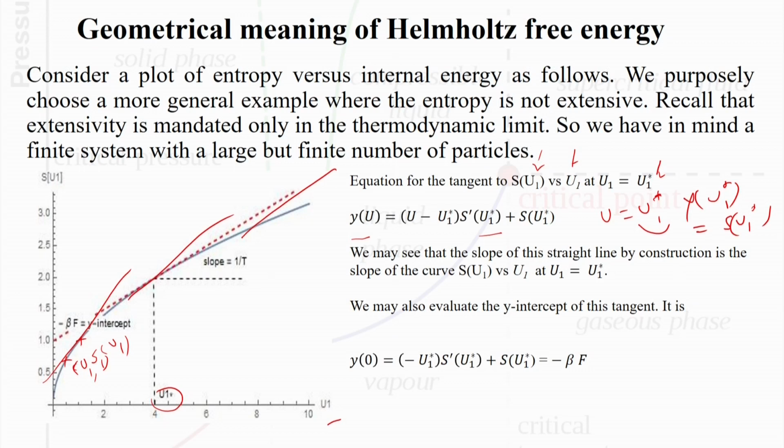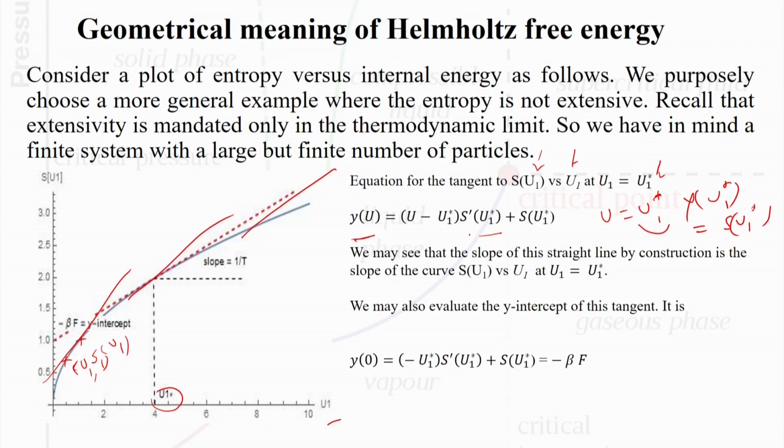But not only should it touch, it should also touch in a tangential manner. How does one ensure that the straight line and the curve touch in a tangential manner? The way you ensure that is by equating the slope of the straight line with the slope of the curve, which is why I have written it in this manner.